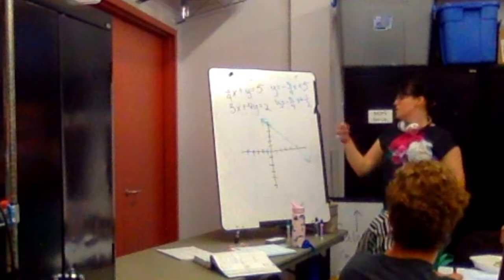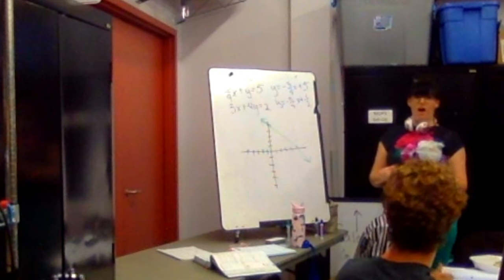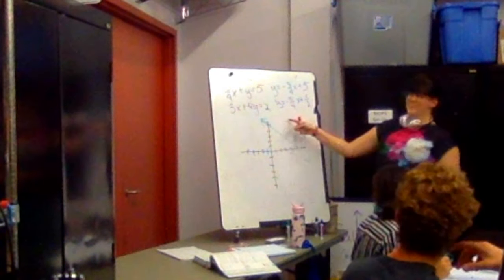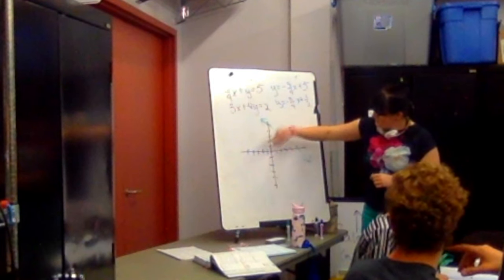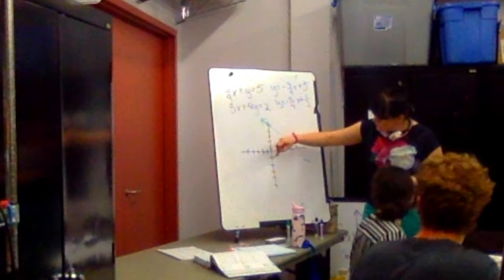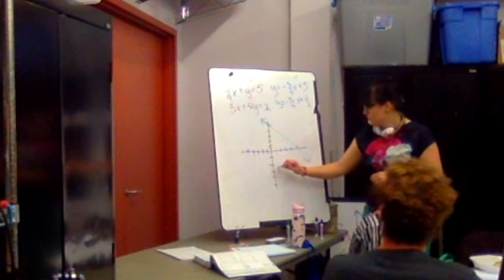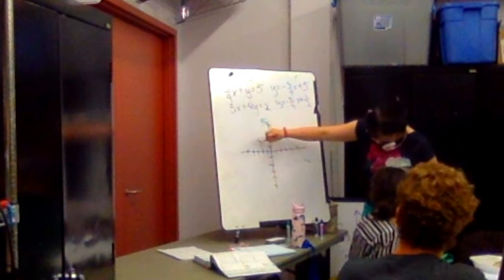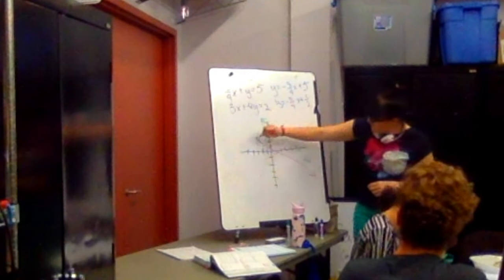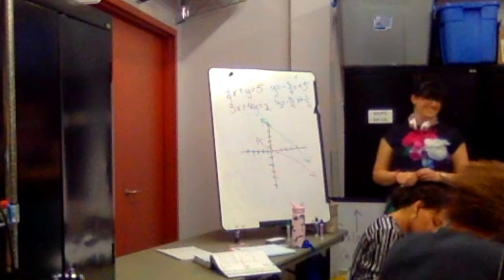Graph 2. Y equals negative 3/4 x plus 1/2. 1/2. Down 3. 1, 2, 3. Over 4. 1, 2, 3, 4. Now, pretend these are straight lines.